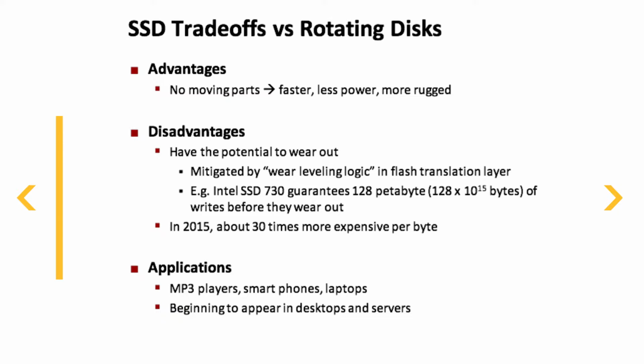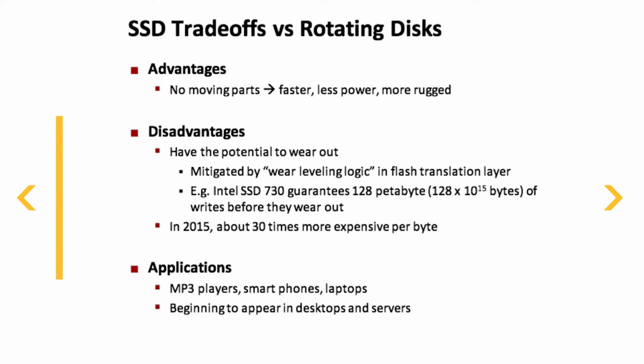And in 2015, at least, they were about 30 times more expensive per byte. Now, that's gone down as well, right? SSDs have become less expensive as time goes on, but they're still more expensive than the old school spinning hard drives. So we do have some trade-offs there.